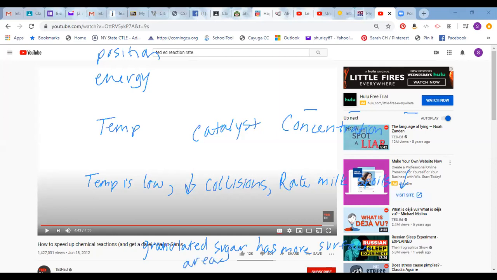And since it has more surface area, more collisions, it will dissolve faster. So faster rate.